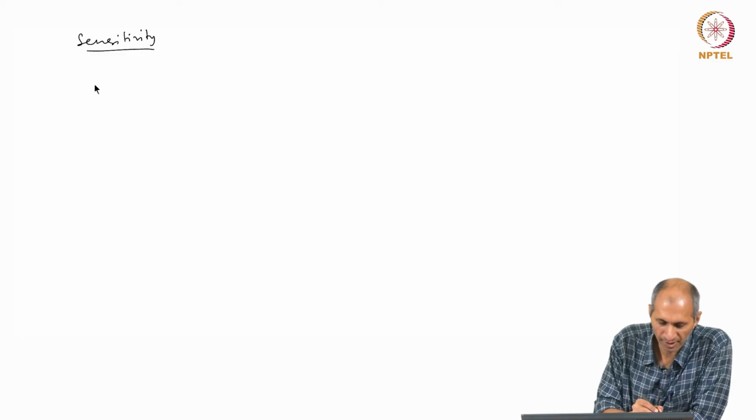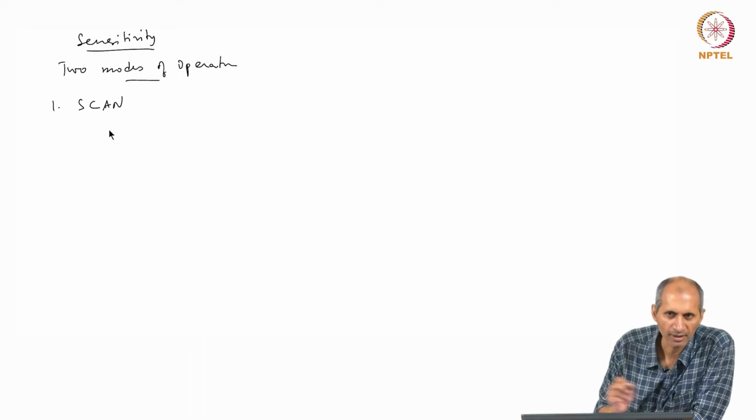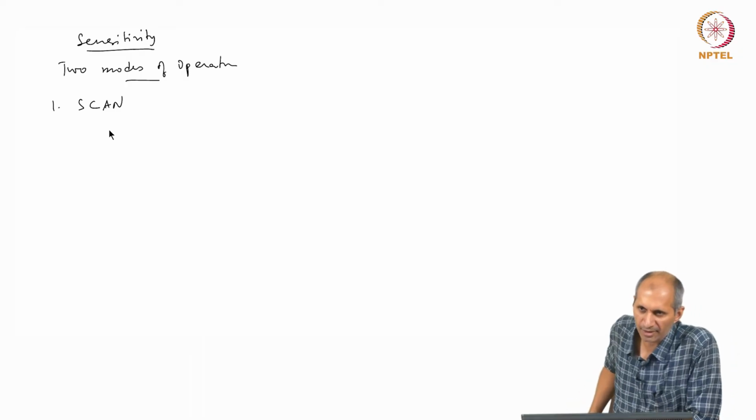We know that the GCMS can be run in two modes of operation. One is called scan. Scan is what we just explained. It says that I want to scan the entire range of mass by charges and look at whatever is there in the system. So, this is what we do.